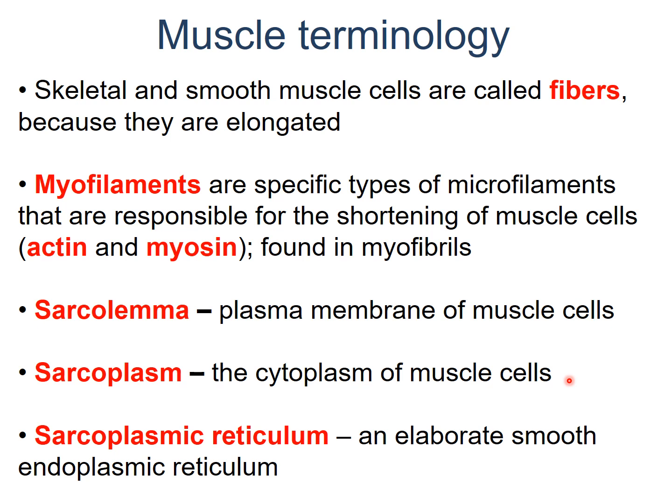Nothing terribly special there. And then you're going to see this structure called the sarcoplasmic reticulum, which is basically just this really elaborate, smooth endoplasmic reticulum. But this sarcoplasmic reticulum is going to be really important for muscle contraction, and we're going to see it a lot moving forward. Okay, so a lot of new terms, but we've got a little muscle terminology slide here that you can keep coming back to get a definition if you need to.